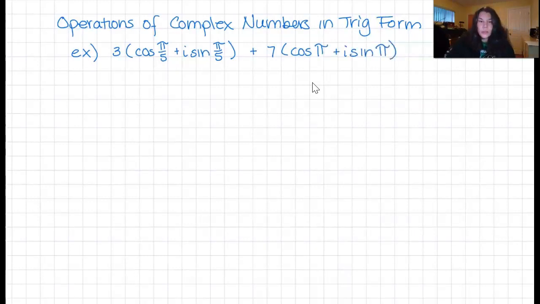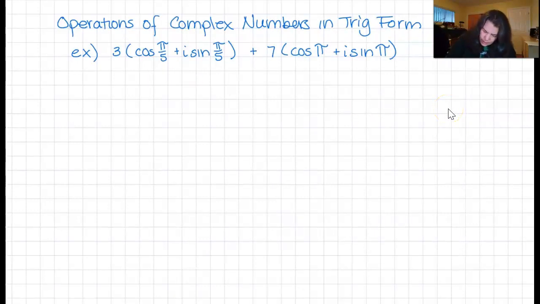Let's say I was going to do those. Well, I'm looking at this, I'm not quite sure what to do. I mean, I could distribute the 3 across here, and then I could distribute the 7 across here, and I don't think I'm going to have any like terms to combine though. So what do I do from there?